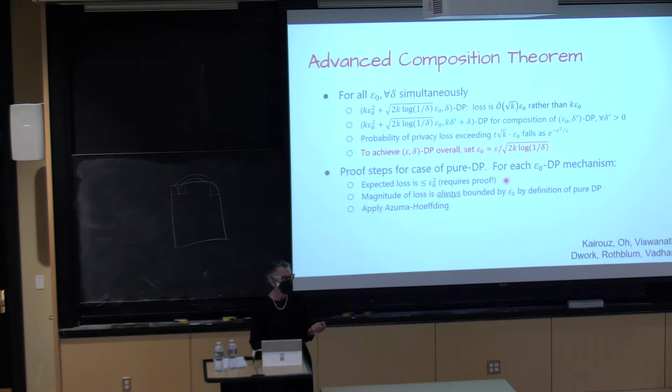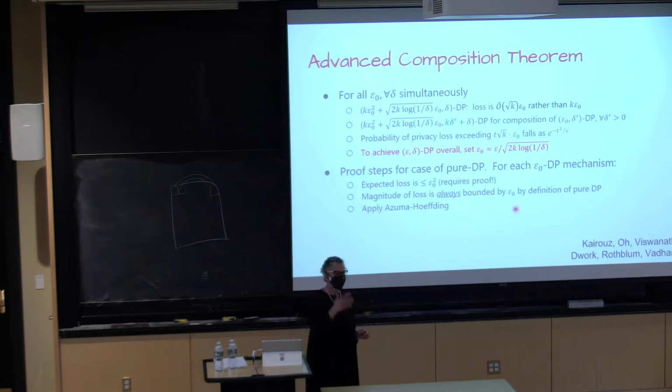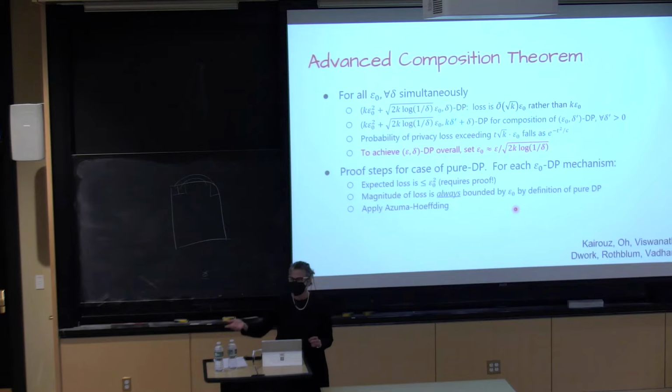We have a bound on the expectation, we have an absolute bound, and we put them together and we get something of this form. The surprising part in some sense is the fact that even though the privacy losses are not independent at subsequent rounds, you can always invoke the bound on the absolute privacy loss given by pure differential privacy.